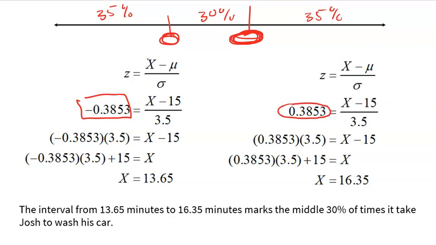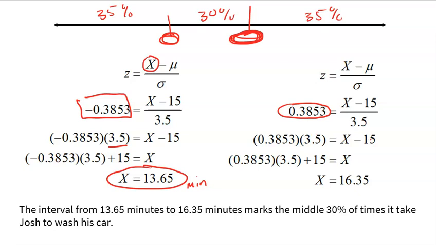Now I have to solve for x, the actual amount of time that that z-score represents. I know the mean is 15. I know the standard deviation is 3.5. All you got to do is solve. So multiply the 3.5 over, then add the 15, and you can actually type that all into your calculator at once, and you get 13.65 minutes at the bottom. And then again, same thing over here.